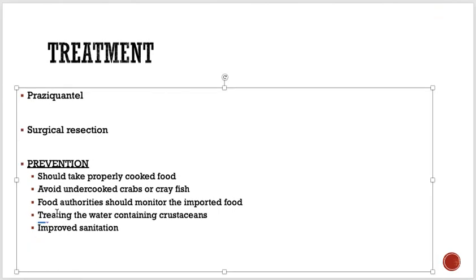Improved sanitation is very, very important, and that's what is going on in the developed countries. They have good sanitation, so they have fewer diseases. And in the underdeveloped world, there is not proper sanitation, so they have more and more cases like this.